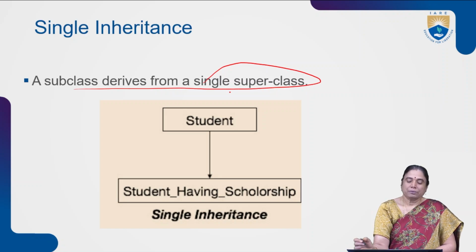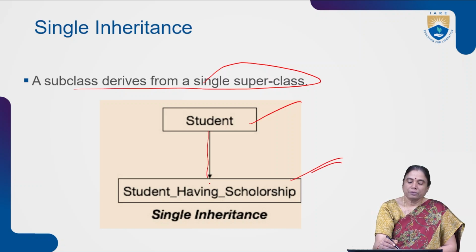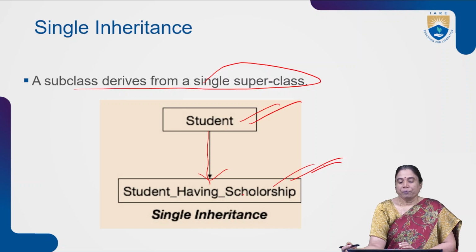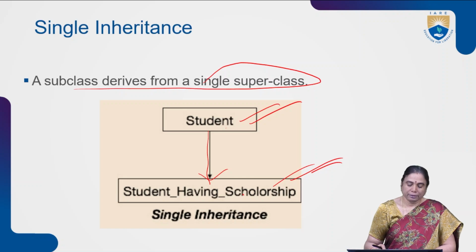For example, consider student as a class, and student having scholarship as one more class. From the student class, this subclass, student having scholarship, is derived. So, with a single superclass, a single derived class exists. That type of inheritance is called single inheritance.